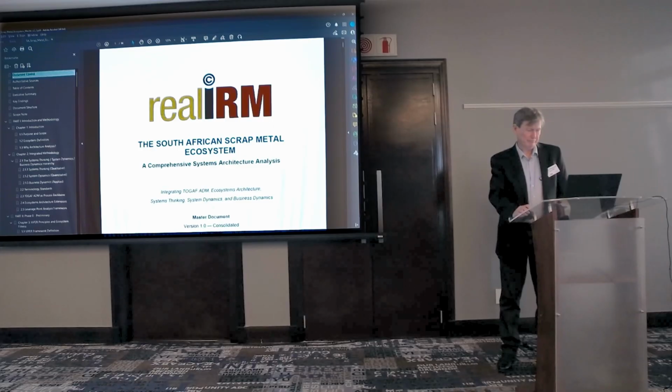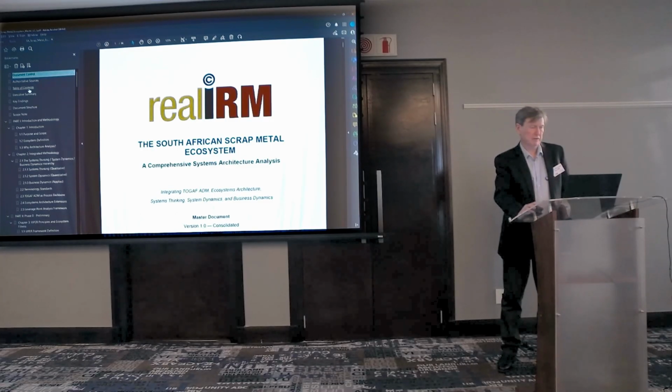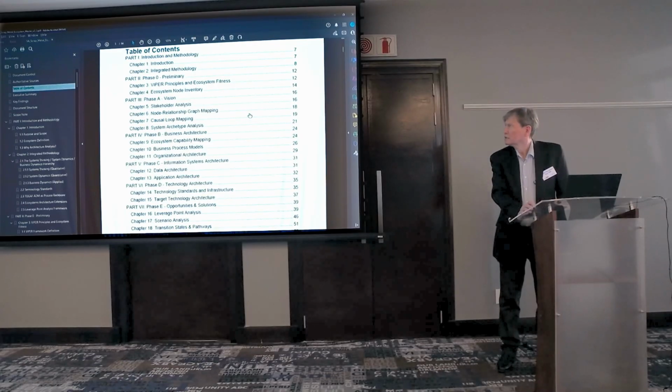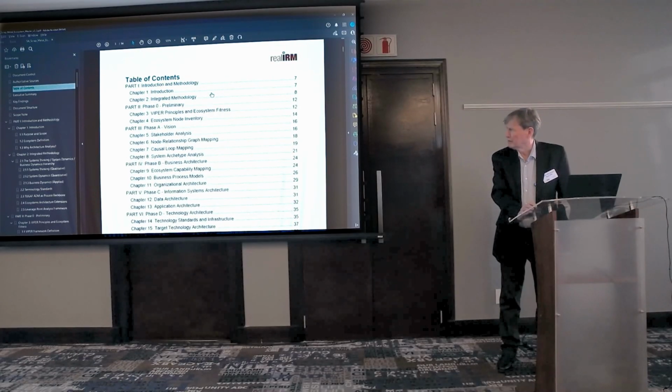So out of that, I'm just going to run through the table of contents, because that's probably a good way to see the linkage to the TOGAF standard. So I'll drop into some key points.